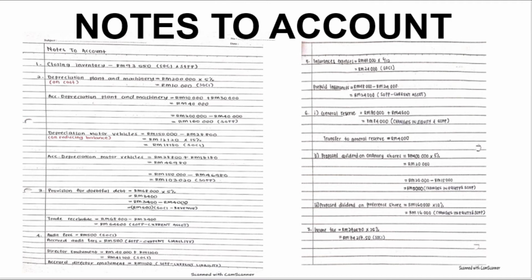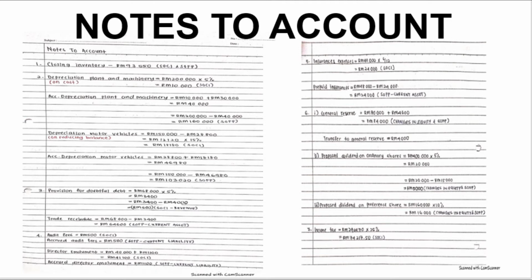Similarly for director emolument, the amount 40,000 has to be added with accrued director emolument of 1,100 to get a total of 41,100, which will be placed in the statement of comprehensive income.